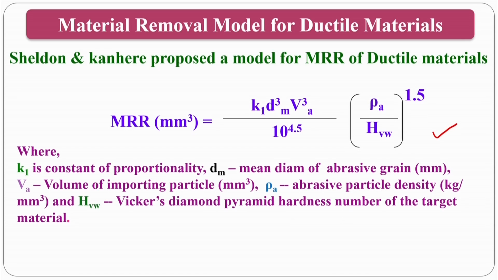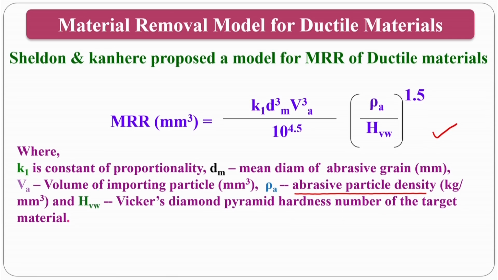VA is the volume of the impacting particle, that means how much material is going away, and rho A is the abrasive particle density, that is kg per mm cube, and HVW is the Vickers diamond pyramid hardness number of the target material.